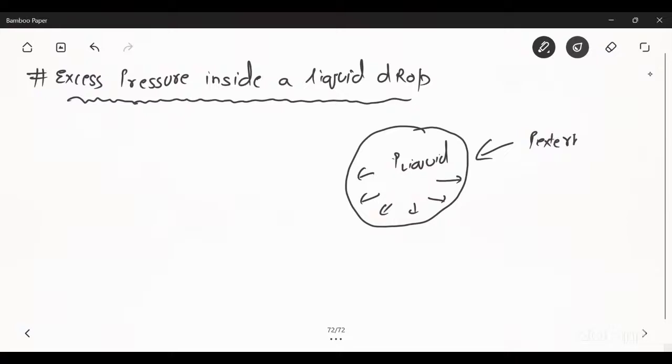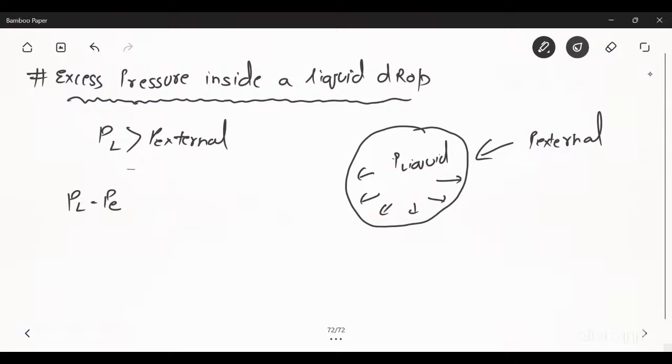As we know, the liquid pressure will be greater. That's why it will become spherical. So the difference between the liquid pressure and the external pressure is called excess pressure.